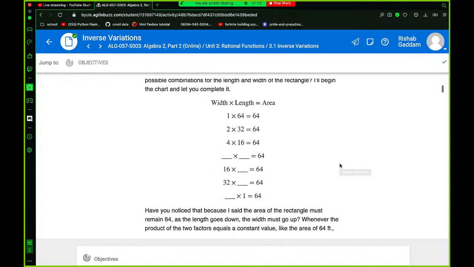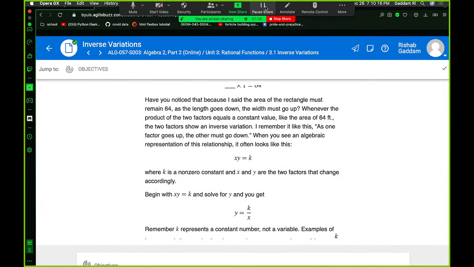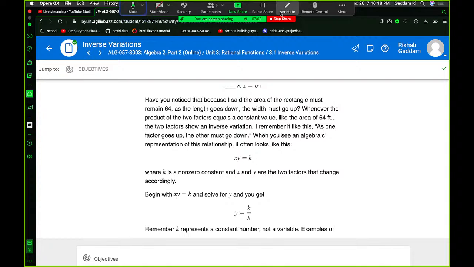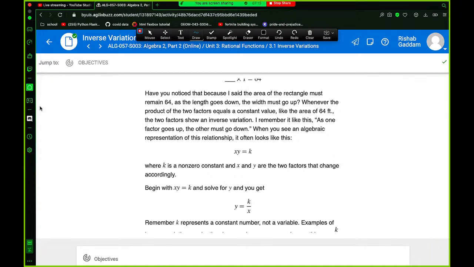So a rational function is basically, let me just try it. So a rational function, I think this is a type of rational function.